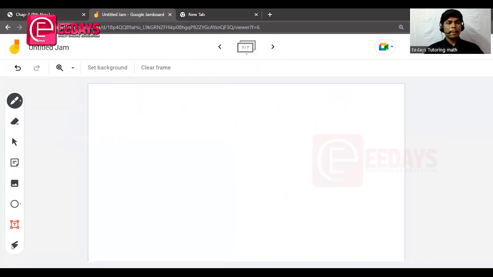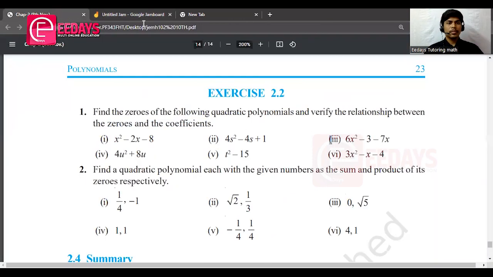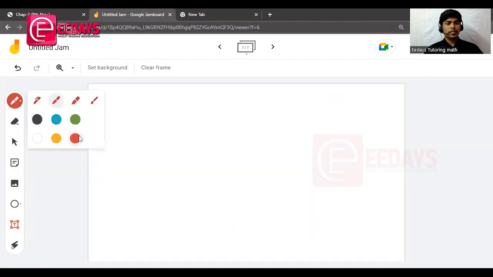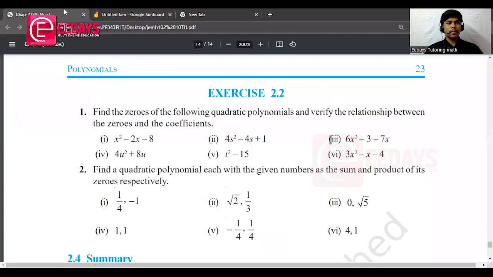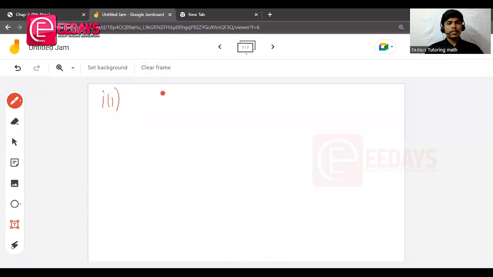All right. Now let's move on to the third sum. Once again, 6x square minus 7x minus 3.